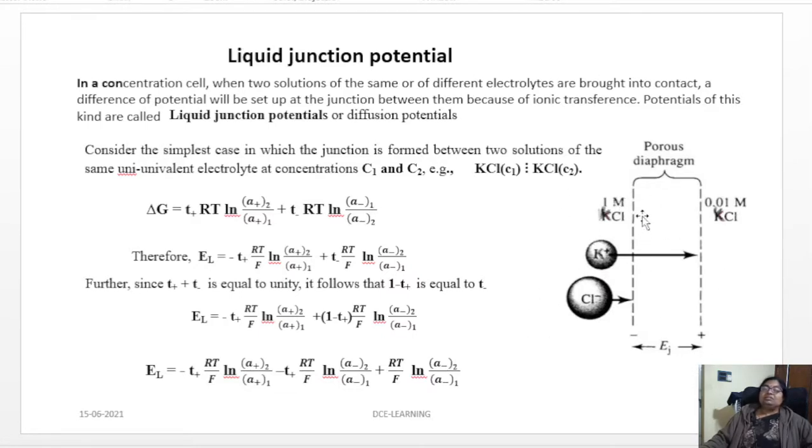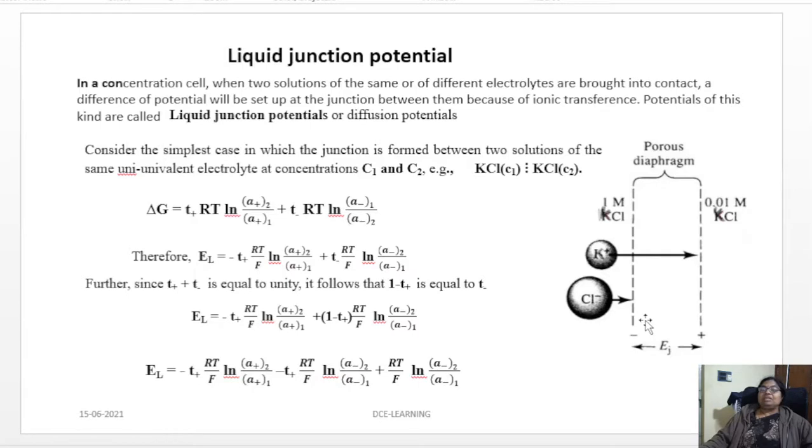The difference in the transference of these two ions depends on their conductivity or velocity, that is, the movement of the ions. If K plus and Cl minus have the same conductivity, then no liquid junction potential will be developed.